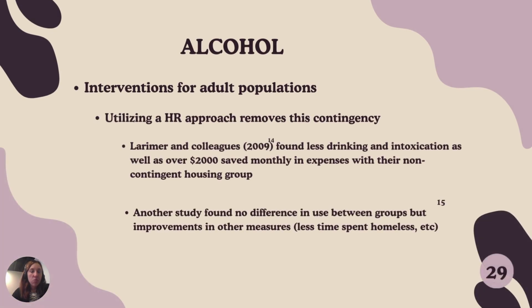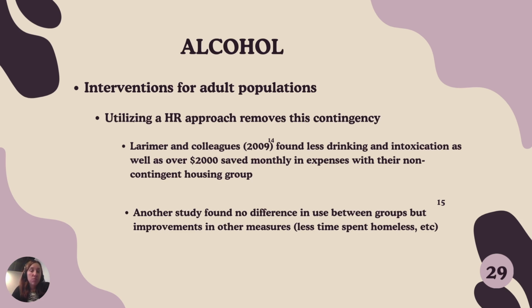So if we utilize a harm reduction approach for homeless adults who use alcohol, this involves removing this kind of abstinence-only contingency. Larimer and colleagues in their 2009 paper found less drinking and less intoxication, as well as over $2,000 saved monthly in expenses for their non-contingent housing group.